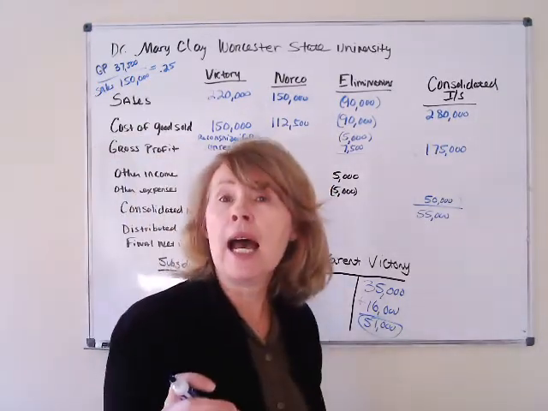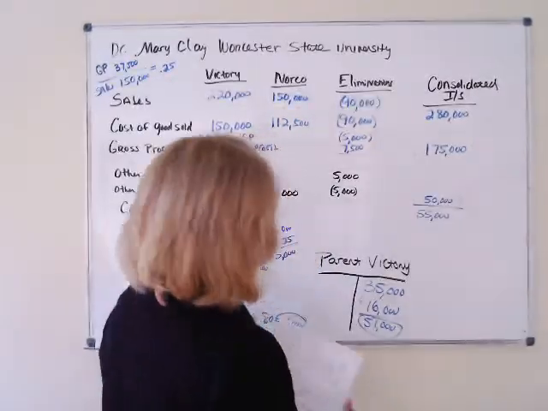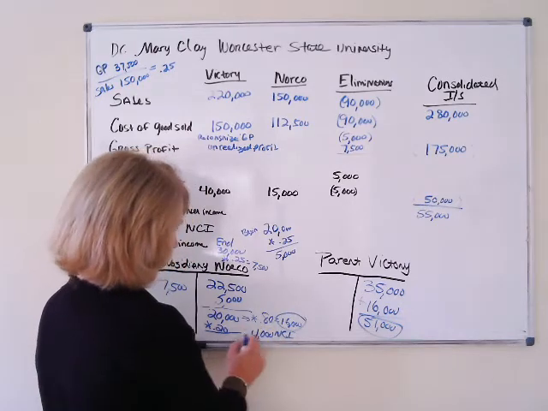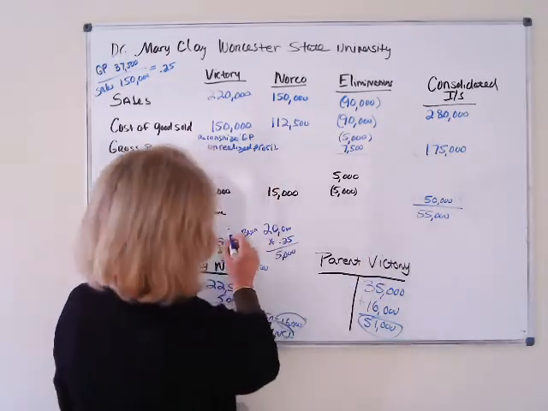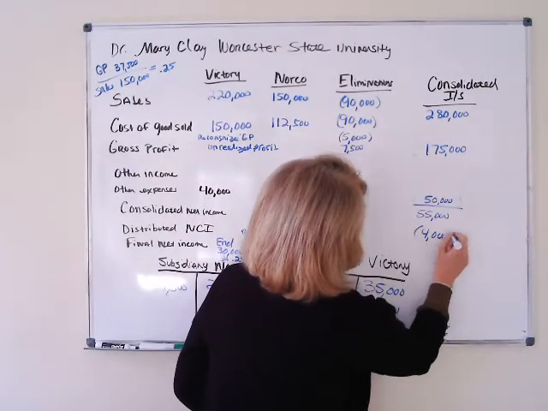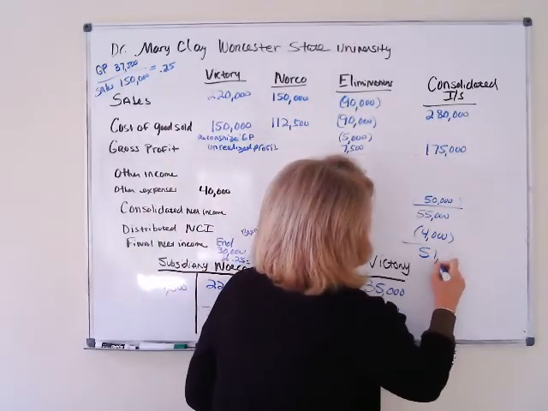So what you have to do is only isolate the non-controlling interest. So, distributed non-controlling interest, that's right here. That's this 4,000. We will subtract that, all right? So we put in the 4,000, subtract it, and now we come to our check, 51,000.